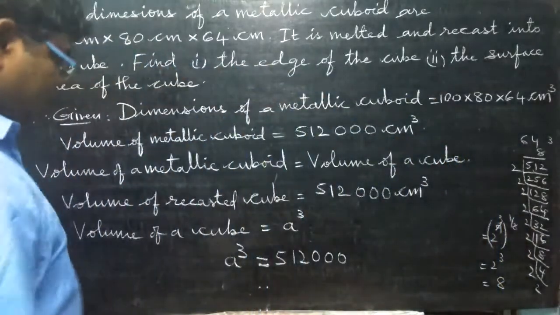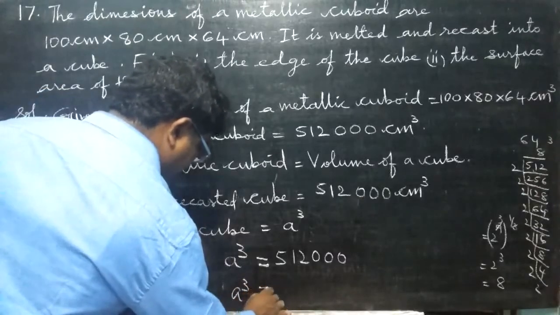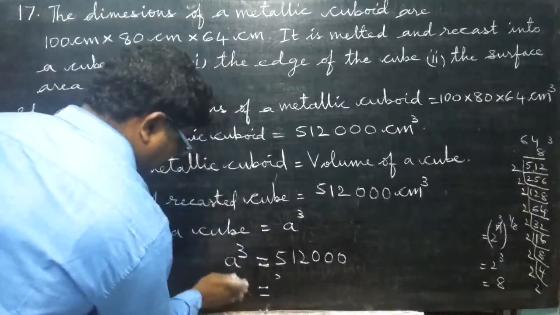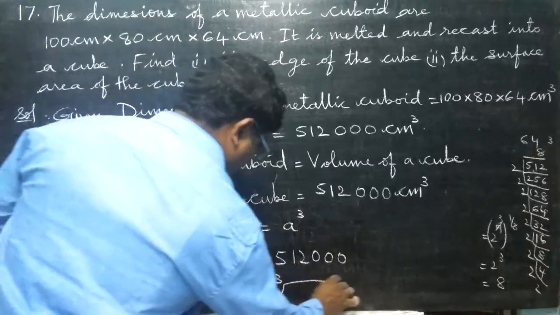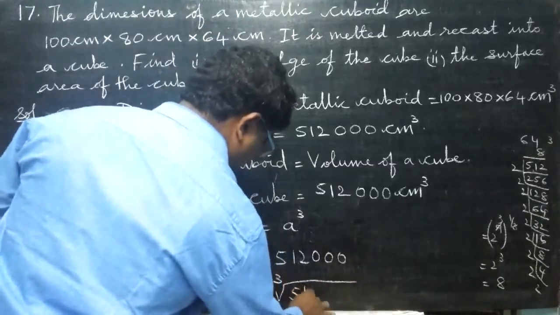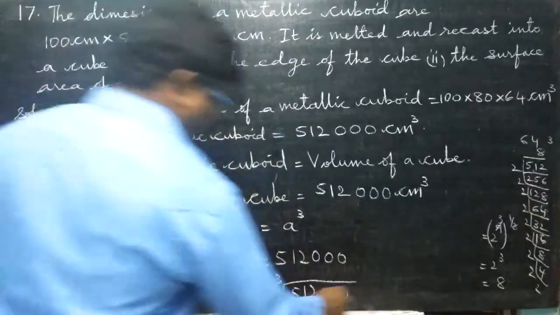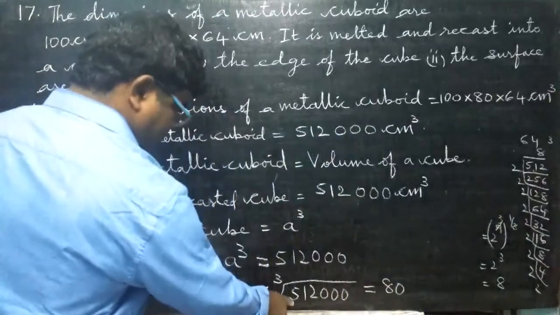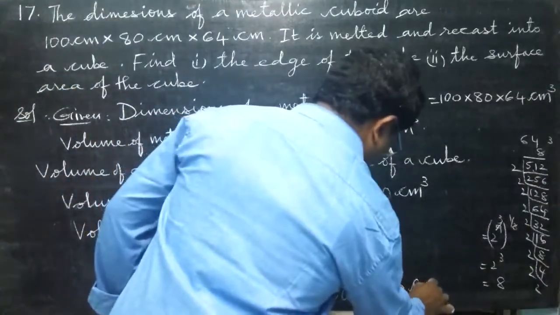So a cube is equal to 5 lakhs 12,000. We want only a, because cube is on that side, so cube root. A is equal to cube root of 5 lakhs 12,000. Now we got 80, because for 8 and for 3 zeros, 1 zero. 80 centimeters.